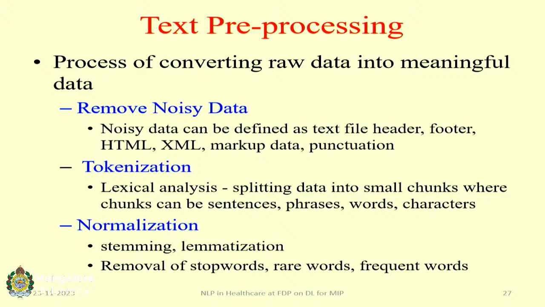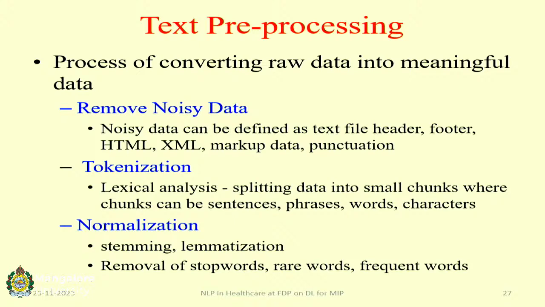Then we have frequent words. What do you mean by frequent words? Why do frequent words have to be removed? When we say features, one thing you have to remember is we need distinguishable features.